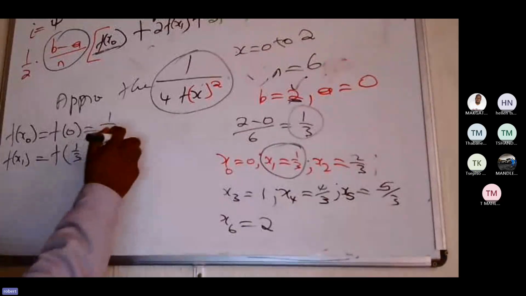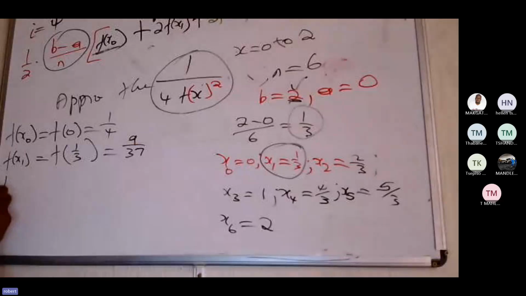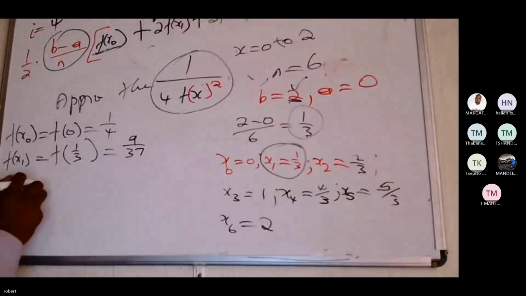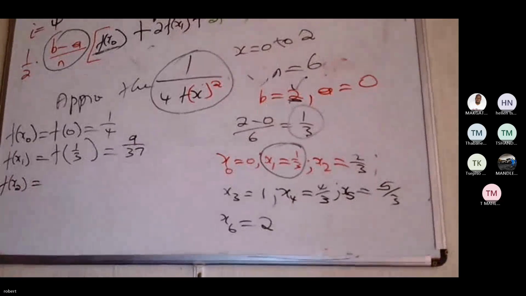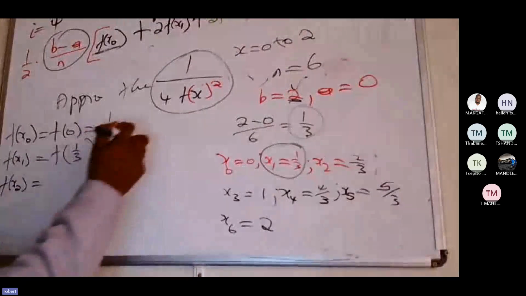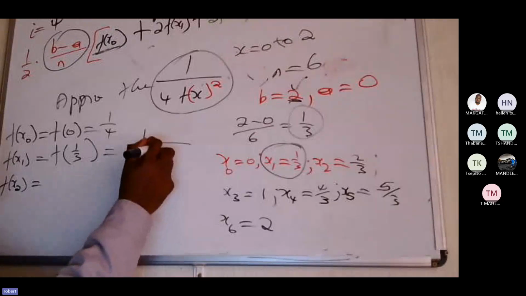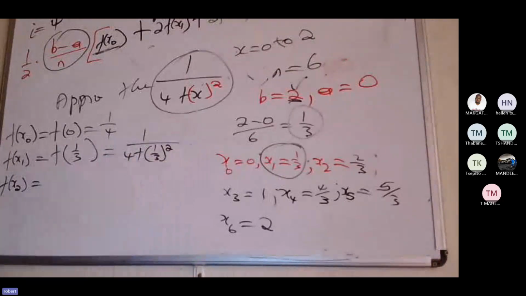9/37. Good. 9 over 37. Then what is f of x2? Definitely it will now be 1/4 plus 1/3 all squared. You just use your calculator.